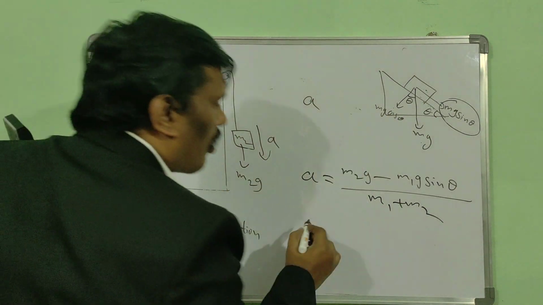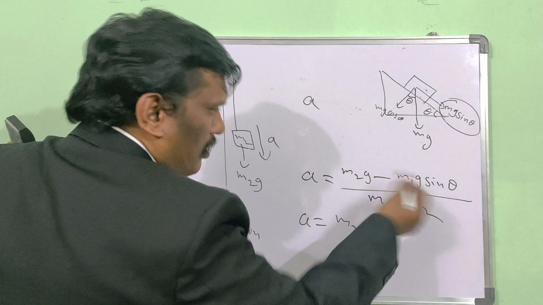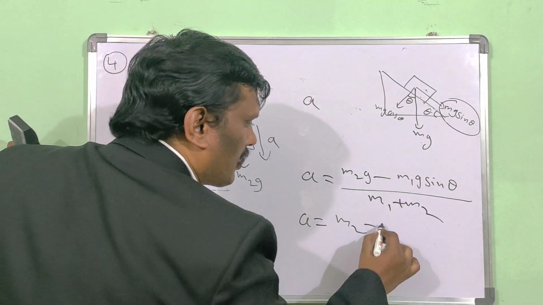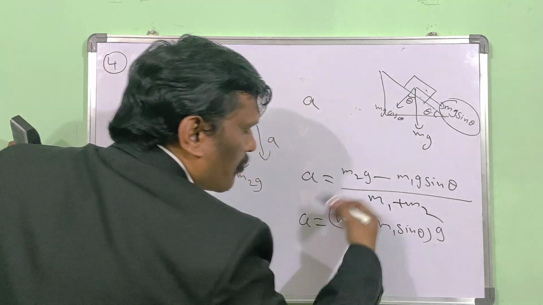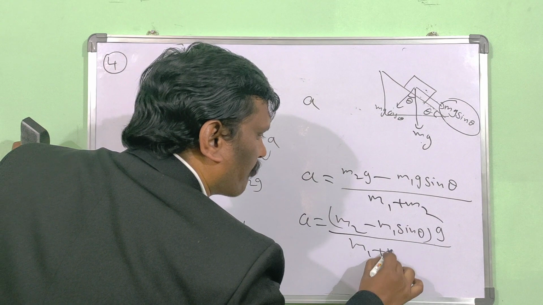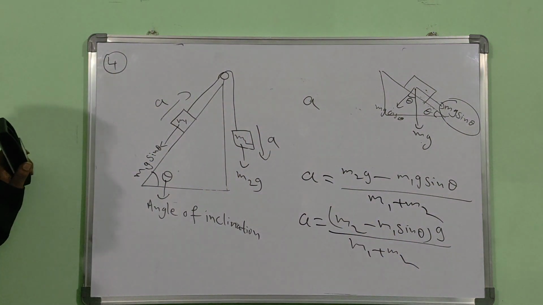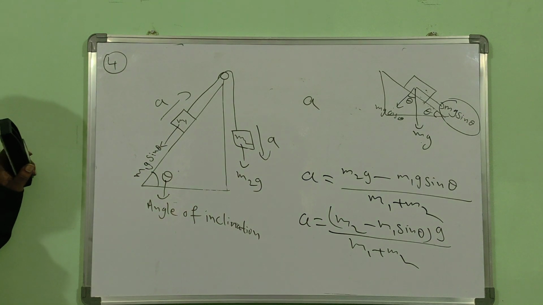If you want to take g common, no problem. From the first term m2 remains, in the second term m1 sin theta remains: a = g(m2 minus m1 sin theta)/(m1 plus m2). This is the acceleration of the system.